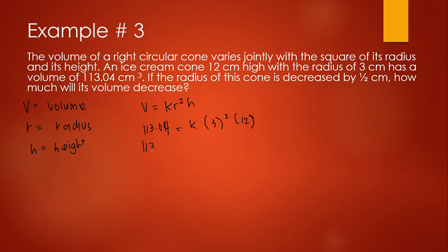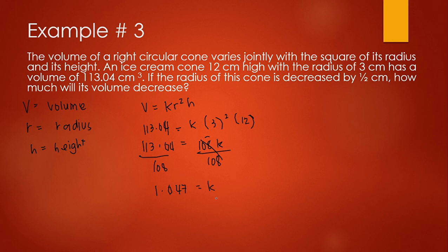So we have 113.04 is equal to 3 squared, that would be 9, times 12, that will be equal to 108K. Then we have to divide both sides by 108. When we divide this one, the value of our K would be 1.047. That would be the value of our K.